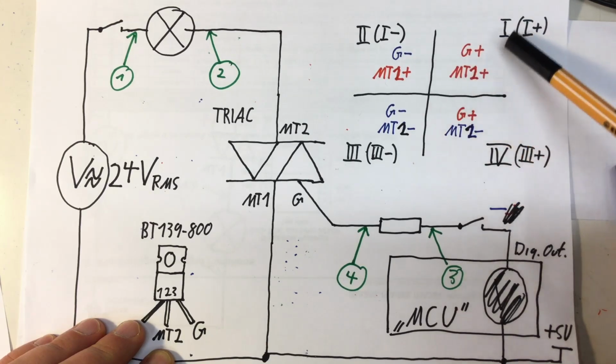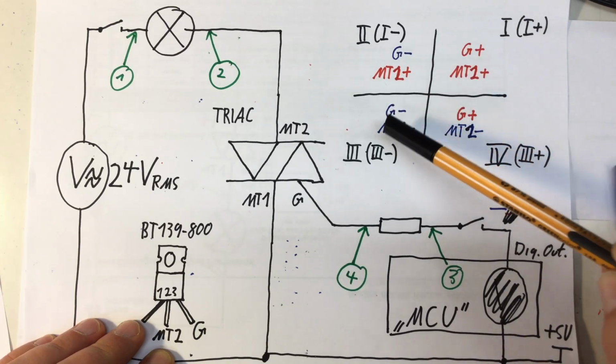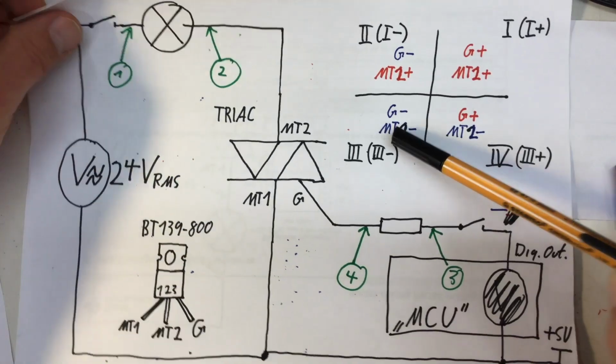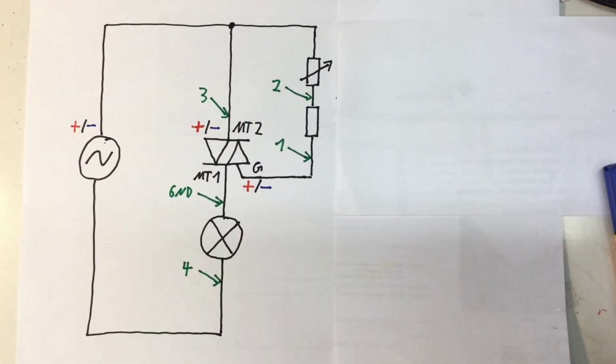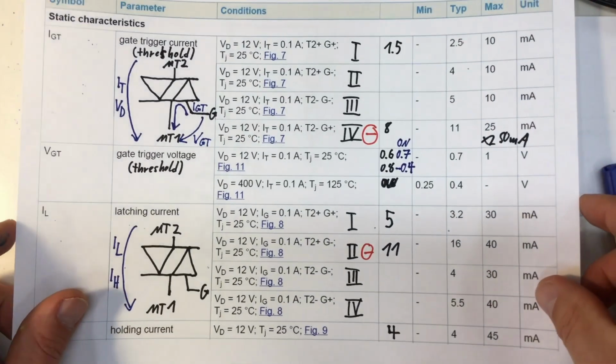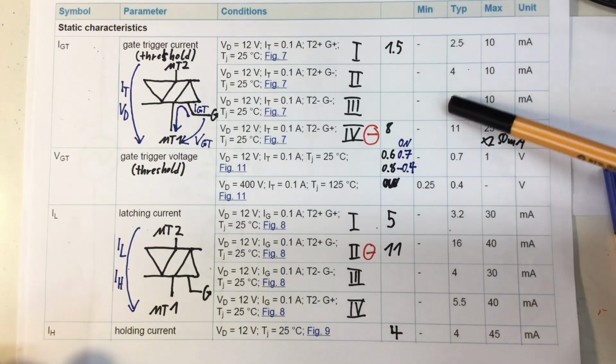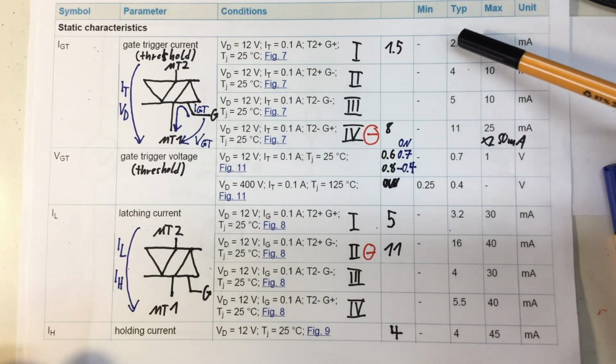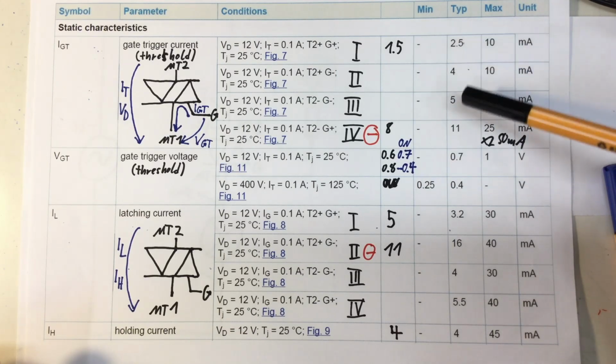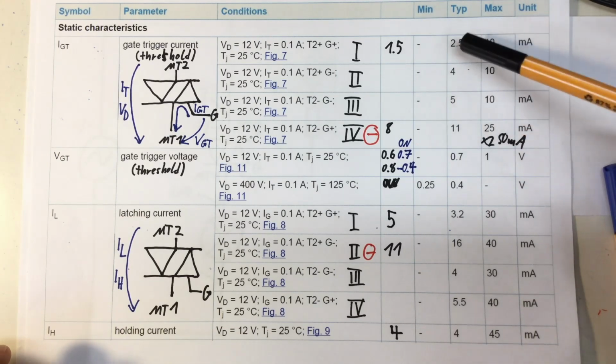We are operating in quadrant 1 and quadrant 3 in this circuit. And if you remember, in quadrant 3 we need about twice as much gate trigger current to switch the thing on.